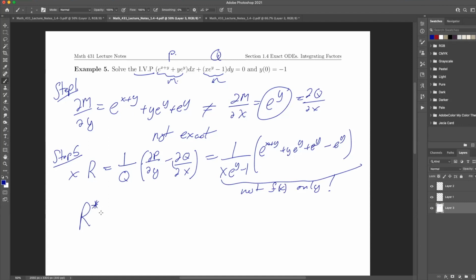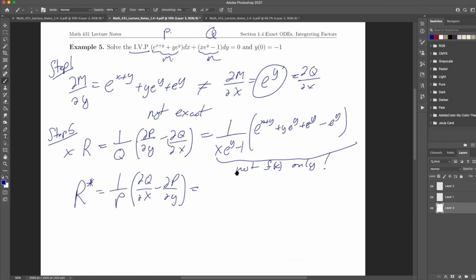And this is r star. This is 1 over p. We switch the order. So del q, del x minus del p, del y. So here we just switch the order. All right, so let's do this.